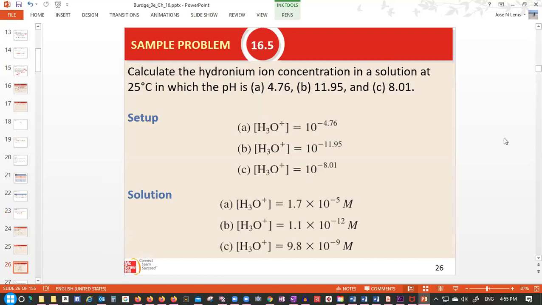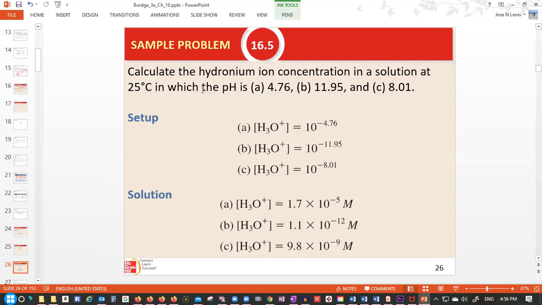Like, for example, let's do this problem here. Calculate the hydrogen ion concentration in a solution at 25 degrees Celsius. Notice that, yes, always 25 degrees Celsius, so we can use Kw equals 1.0 times 10 to the negative 14.